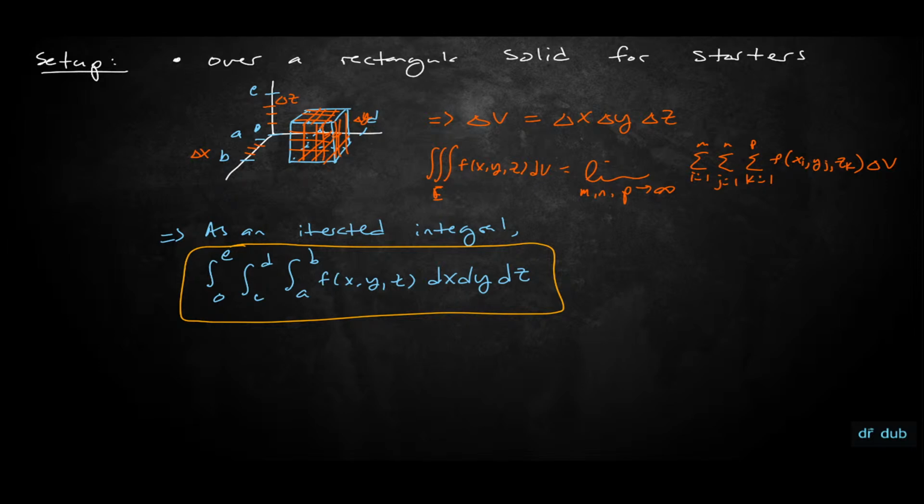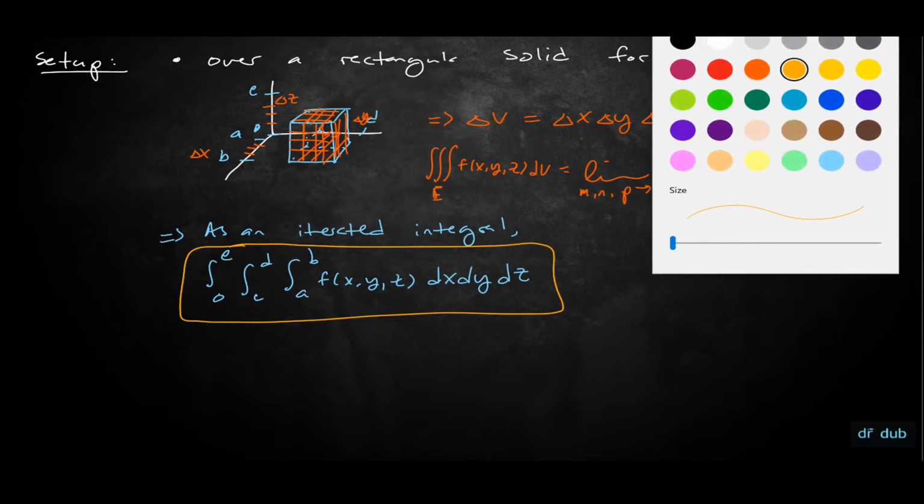The hard part comes when you have non-rectangular bounds, right? When you have a non-rectangular solid, then you have to figure out the bounds for the region of integration. That's usually the trickiest part for triple integrals.